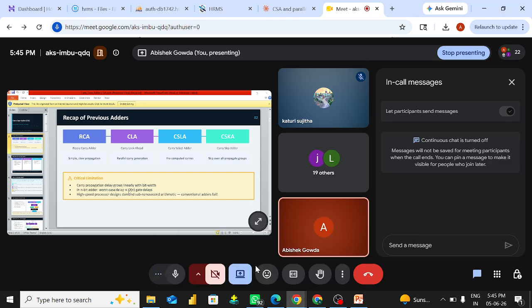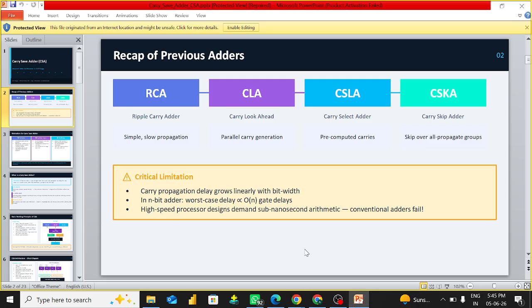We are adding many numbers inside multipliers, DSP processors, and MAC units. This is where we add many numbers. Yesterday I asked you to find out why we use a multiplier or multiplexer inside that block diagram. This is the use: adding the carries of all the other adders.